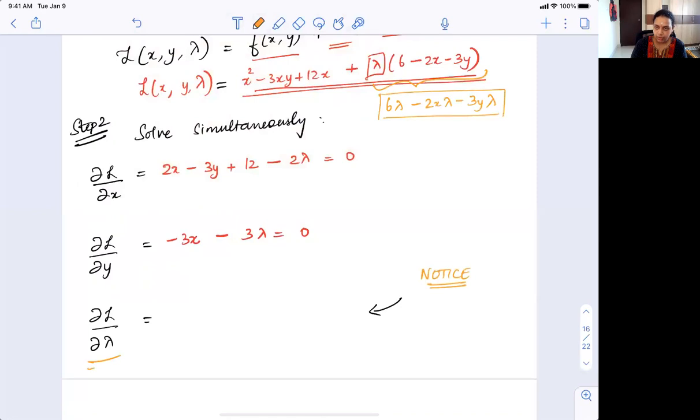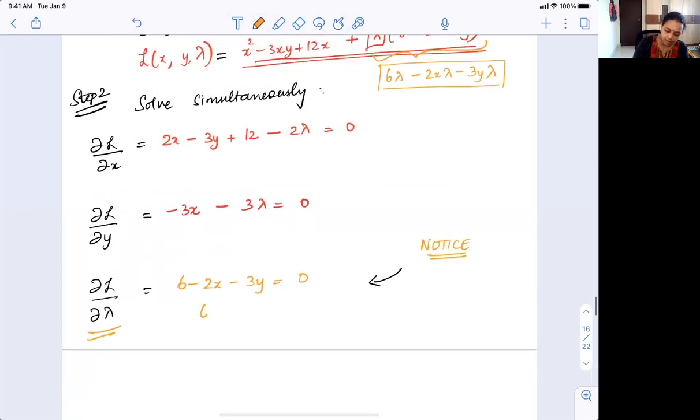So what's your ∂L/∂λ going to be? You treat x and y as constants and take the derivative with respect to λ. So this is going to be 6 minus 2x minus 3y equals 0. If you rearrange, you just get 6 equals 2x plus 3y, which is nothing but your constraint.